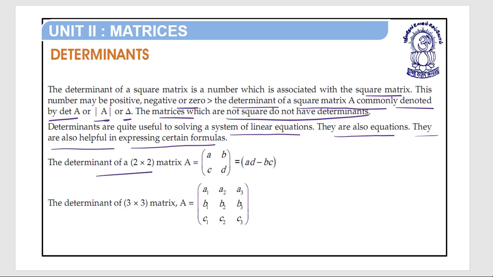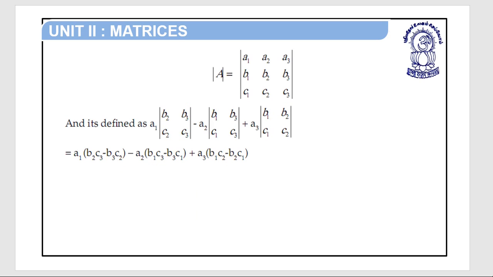The determinant of a 2 by 2 matrix A with entries a, b, c, d is equal to ad minus bc. The determinant of a 3 by 3 matrix A is with rows a1, a2, a3, b1, b2, b3, c1, c2, c3. For mod A, take a1 and hide the first row and first column, so you get the matrix b2, b3, c2, c3.